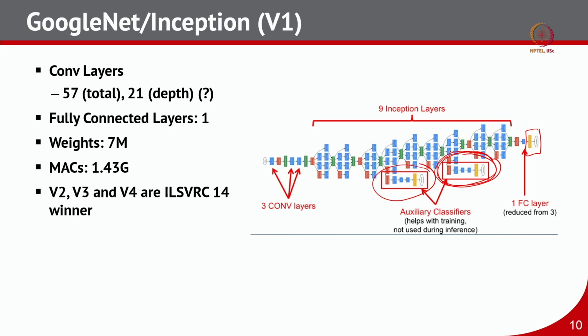That is called an auxiliary classifier, which helps with training, but it is not used during inference, only during training.